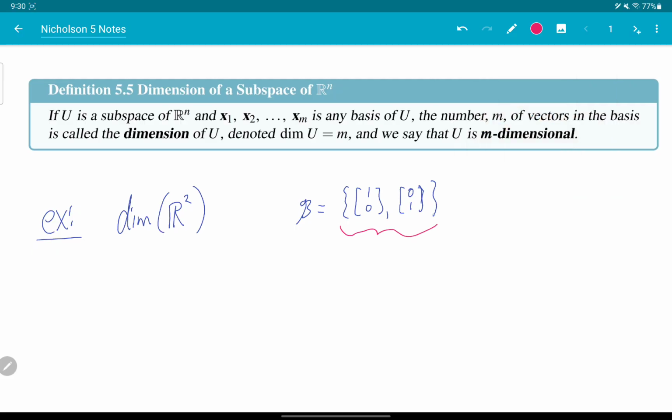Now this set here has two vectors in it. So the dimension of R2 is exactly 2. So again, to find a dimension, you find a basis, and just count how many vectors are in there.